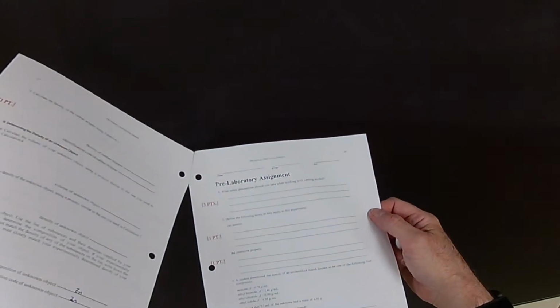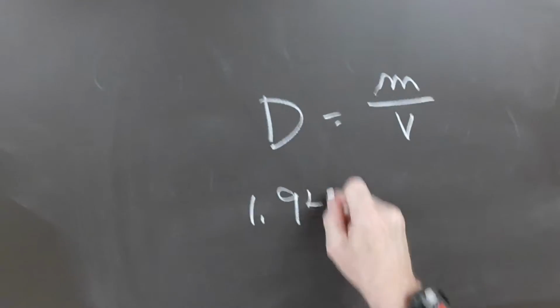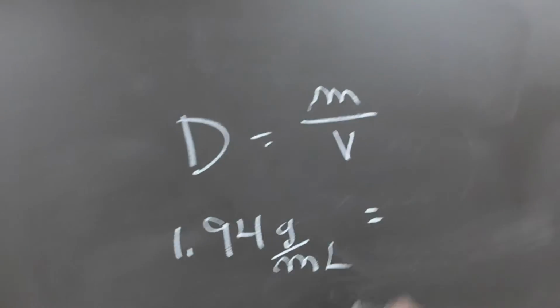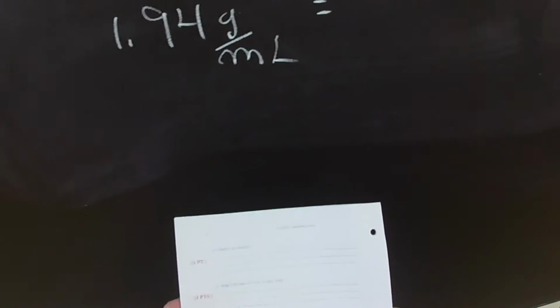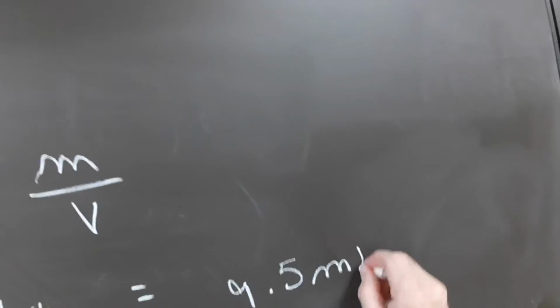If we're saying ethyl iodide, look at your list. Ethyl iodide has a density of 1.94 grams per milliliter. And you're also given a volume of 9.5 milliliters.